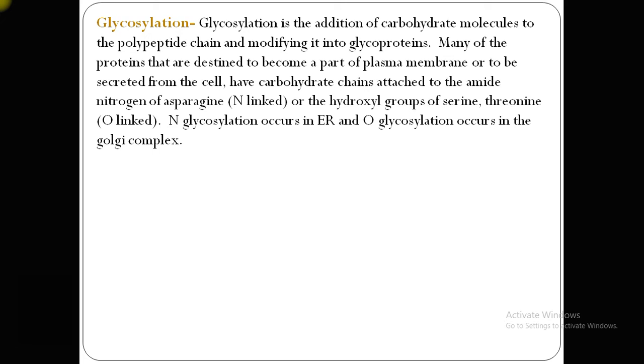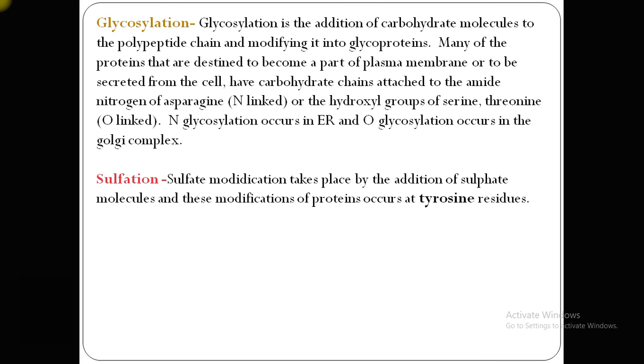Many of the proteins that are destined to become a part of the plasma membrane, as you can see in the plasma membrane, they contain glycoproteins, or to be secreted from the cell, have a carbohydrate chain attached to the amide nitrogen of asparagine and linked, or to the hydroxyl group of serine or threonine, which is known as O-linked. So N-glycosylation occurs in the endoplasmic reticulum, while O-glycosylation occurs in the Golgi complex.